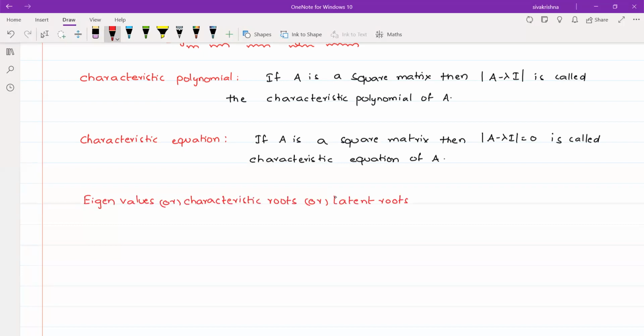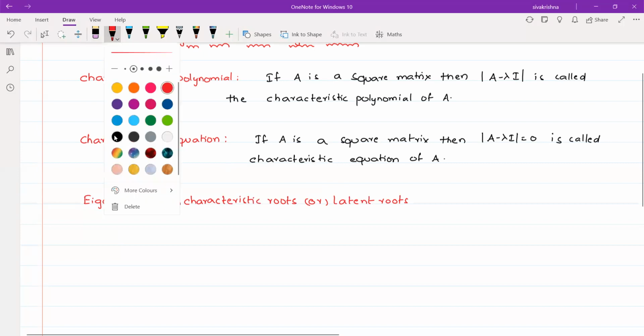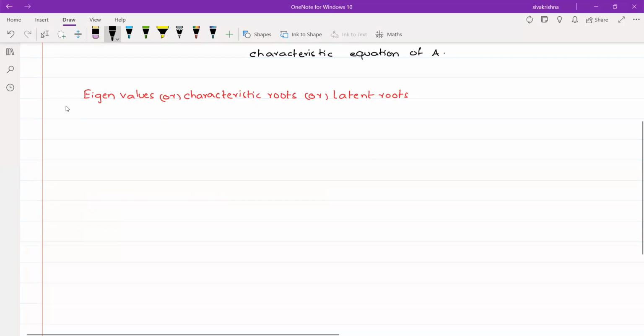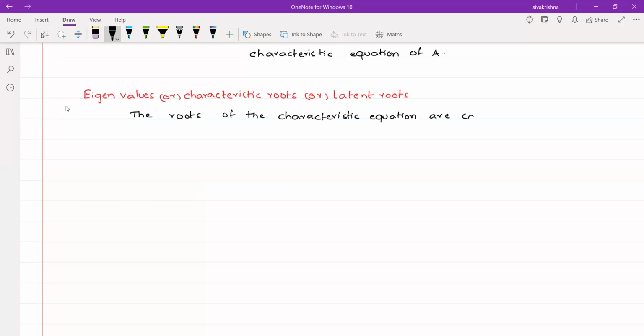According to the definition, how can we find the eigenvalues? The roots of the characteristic equation are called the eigenvalues of capital A.